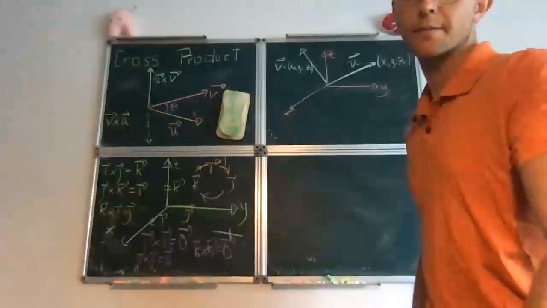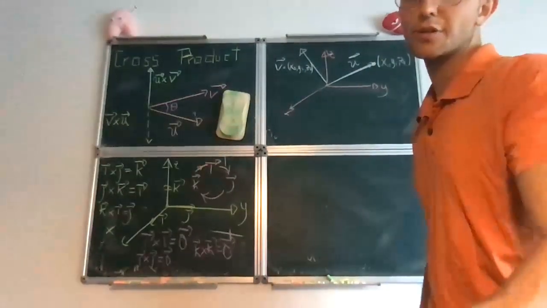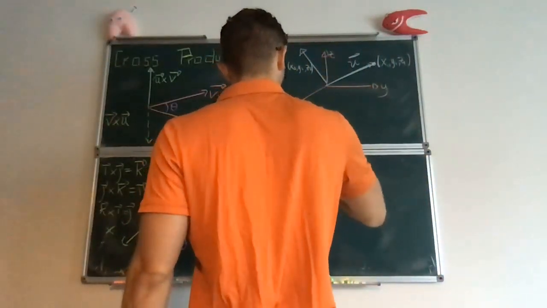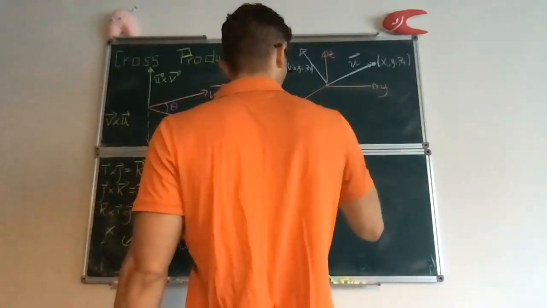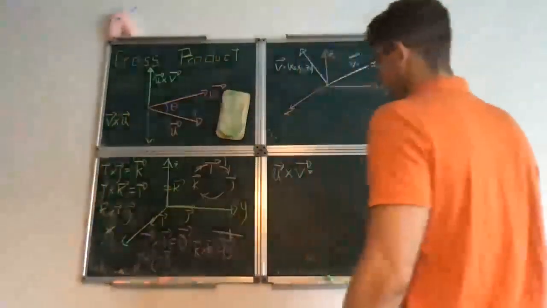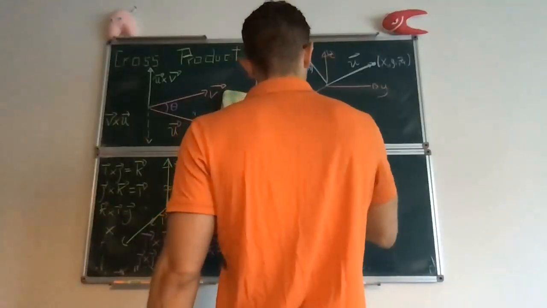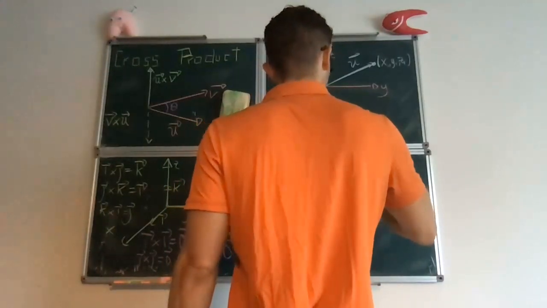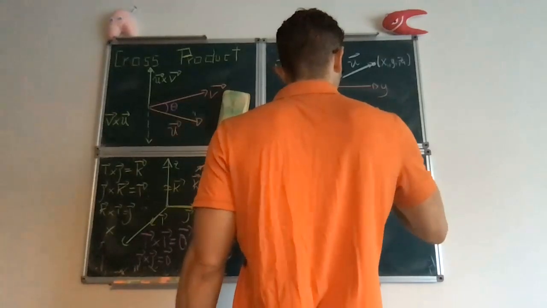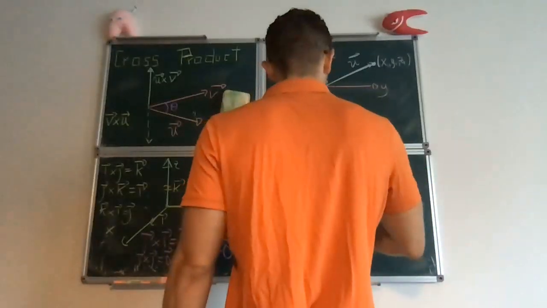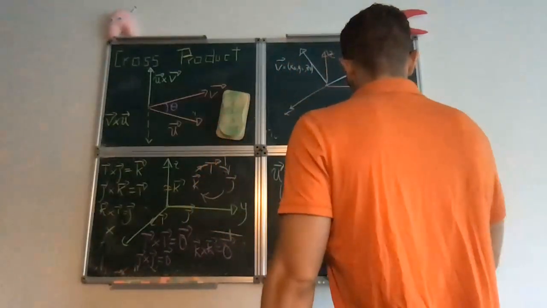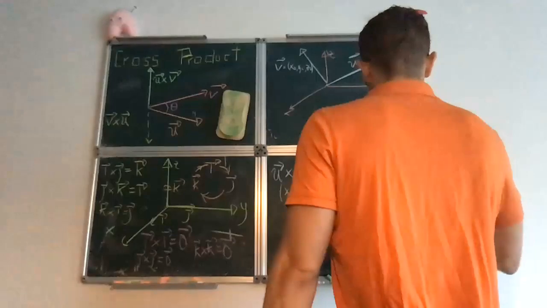Okay, and then u cross v, what is u cross v going to be? It's going to be x1 i plus y1 j plus z1 k cross x2 i plus y2 j plus z2 k.